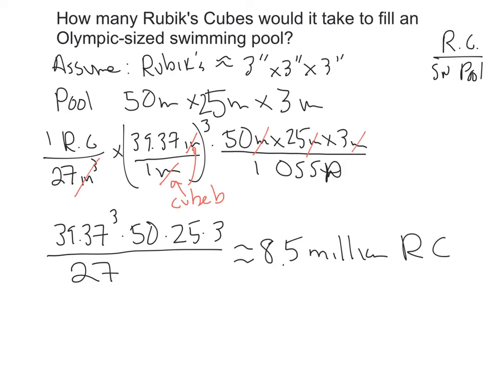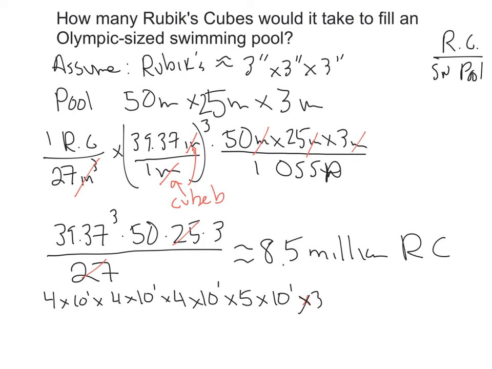So let's take a quick look at that if we were to do that. 4 times 10 to the first times 4 times 10 to the first times 4 times 10 to the first. Those are the 3 39.37s. Times 5 times 10 to the first. We're going to cancel the 25 and the 27 and say they're approximately the same. And that means that we're going to have times 3 left over.